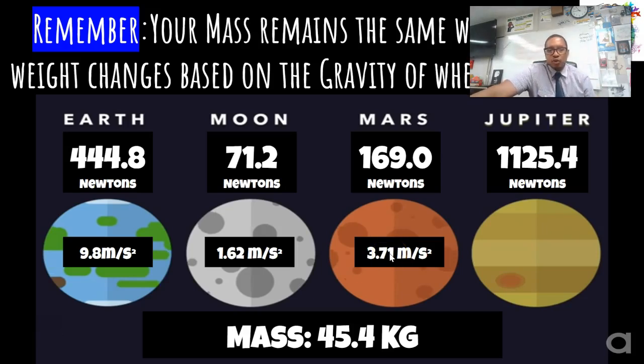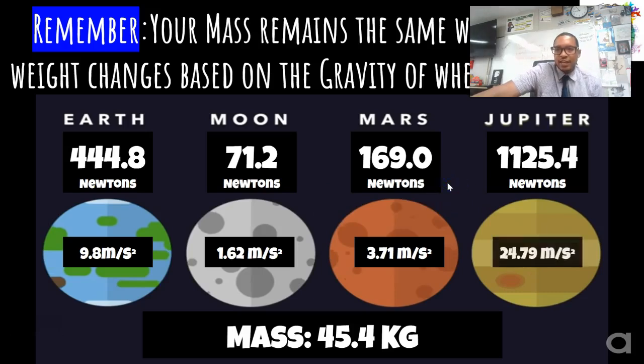It's very proportional. So based off these gravities and these weights, what do you think the gravity is on Jupiter? Again, the mass is not changing. It's just the gravity pulling down on that mass that is changing. Hopefully you said something around 20, but it's really about 24.